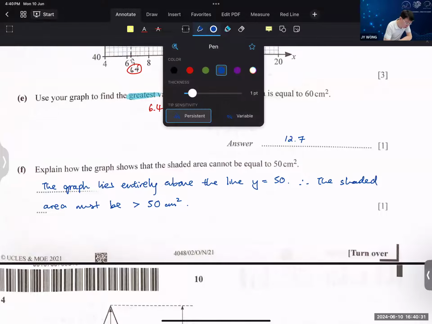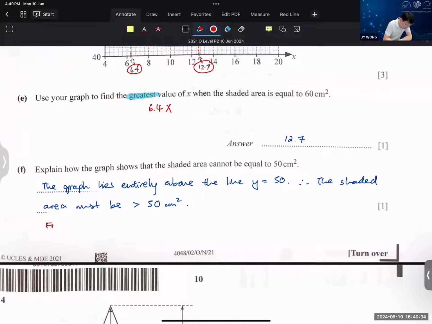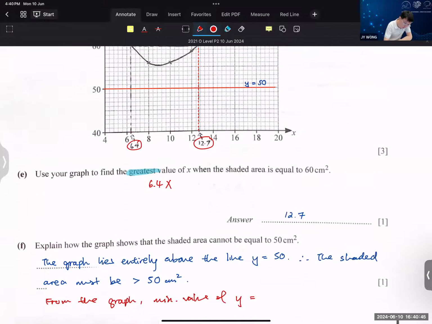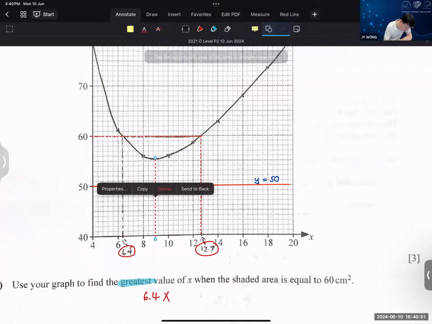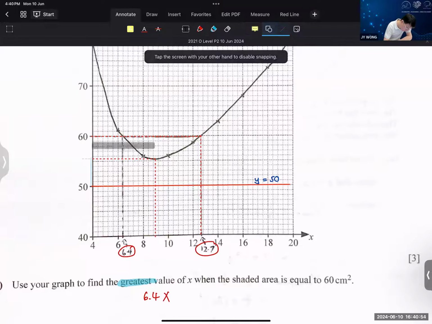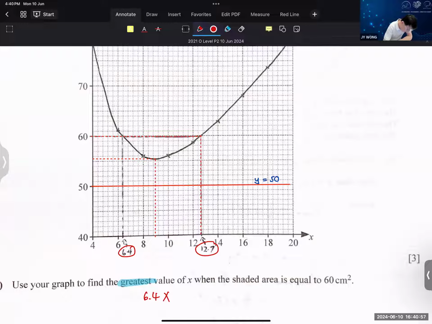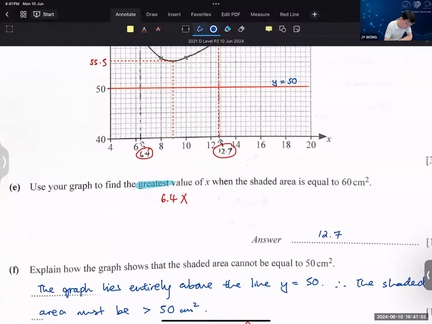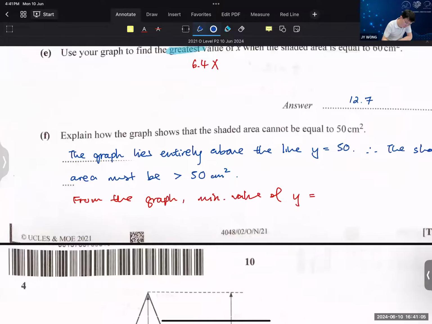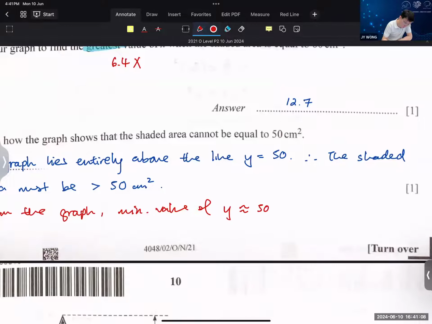An alternative solution is to tell me that from the graph, minimum value of y is approximately 55.5.